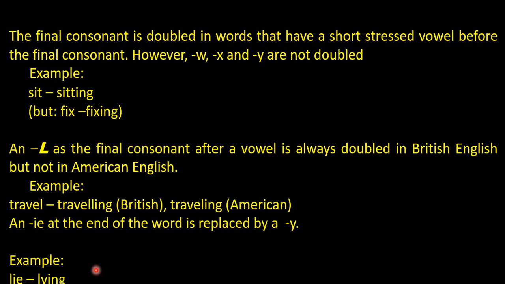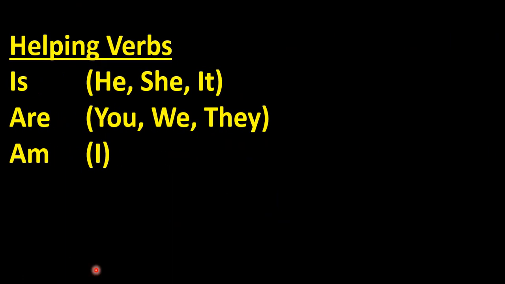An IE at the end of the word is replaced by a Y. For example, if there is the word lie, and we add ing at the end of lie, we will remove IE and add Y and then ing.